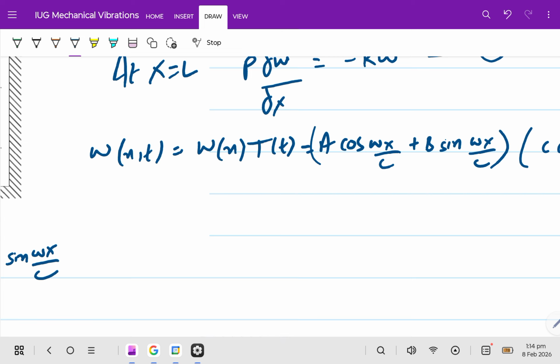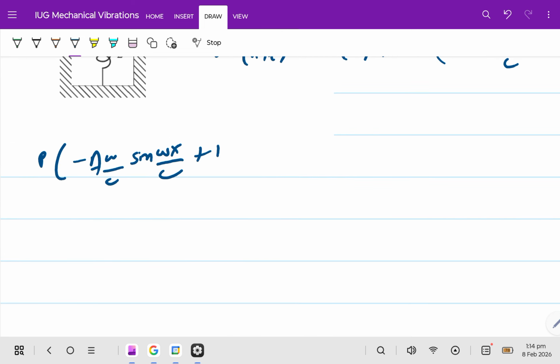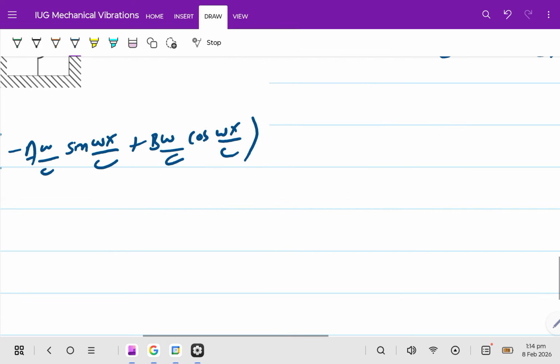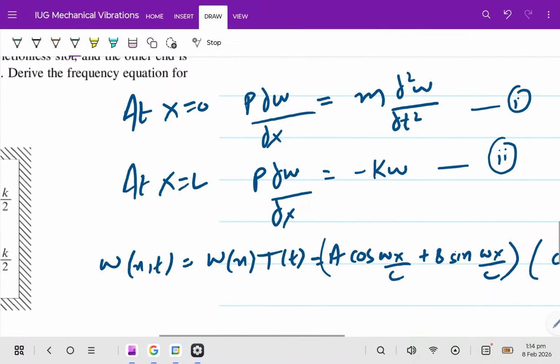We are differentiating with respect to x, so the second factor is a constant because it is with respect to t, not x, and it will remain the same.